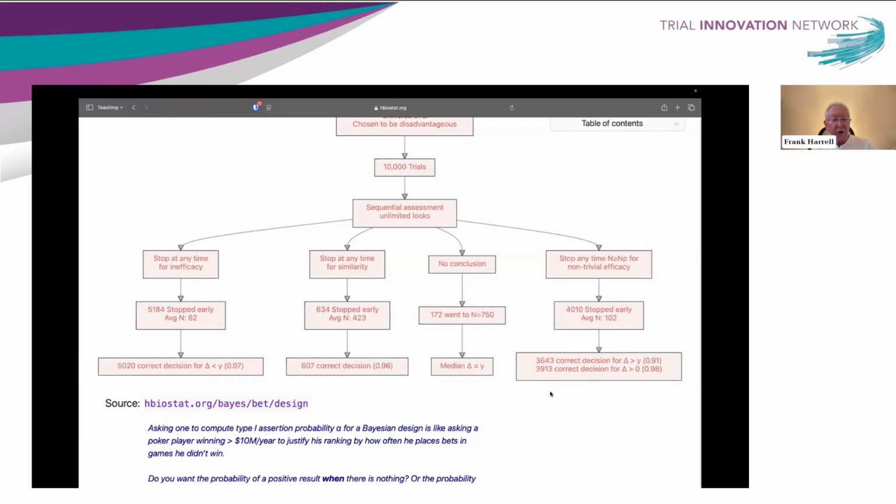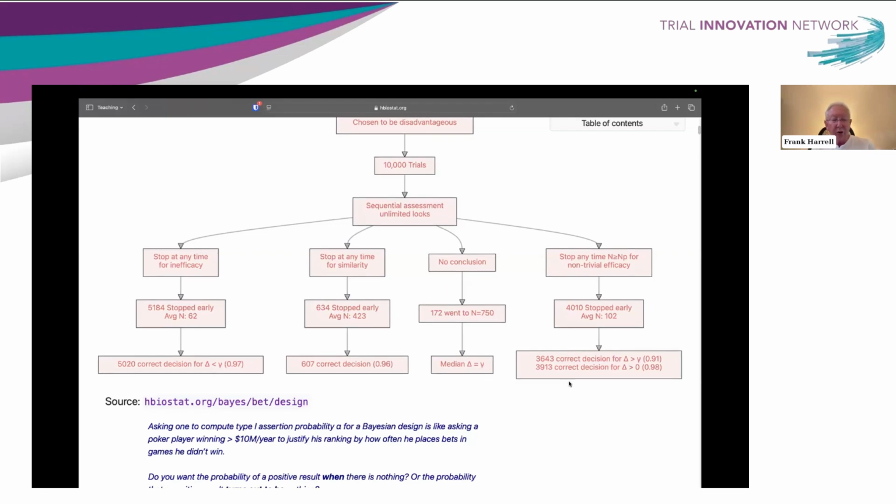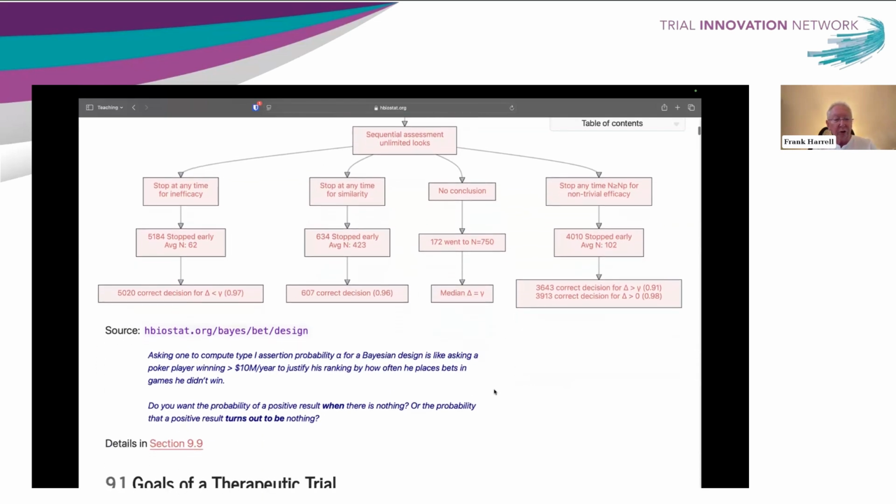And if somebody asked you, what's the alpha? Alpha has no relevance in decision making. Alpha is an assessment related to a situation where any decision you make is wrong. So that's not really telling you about the accuracy of a decision.